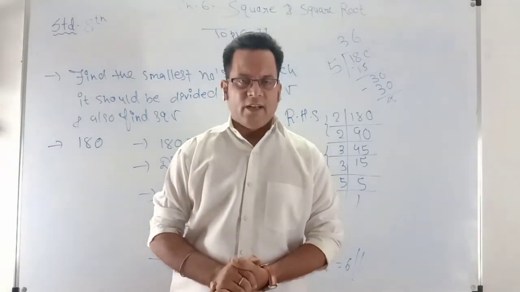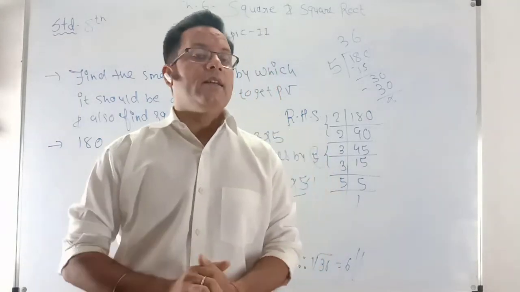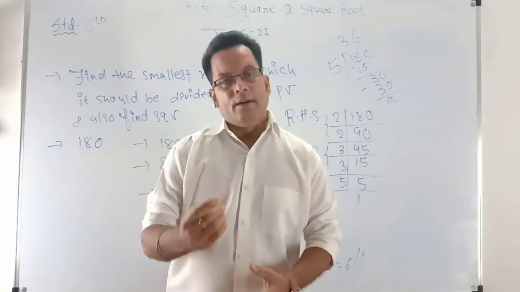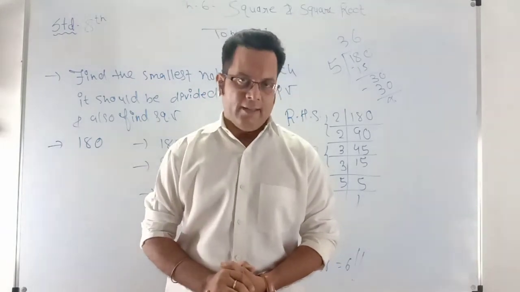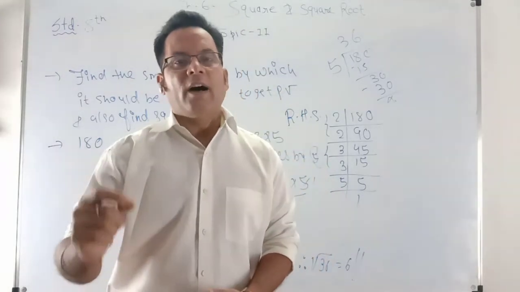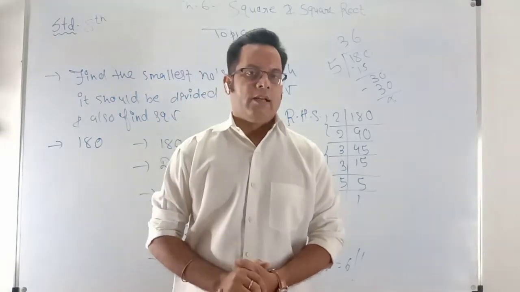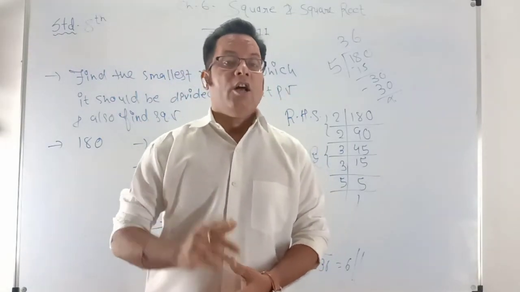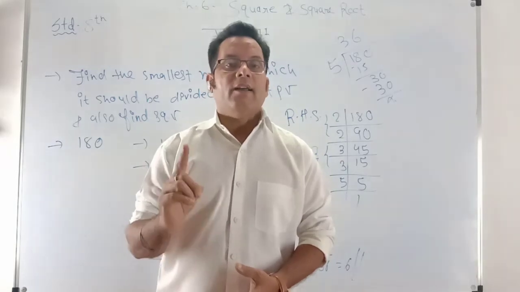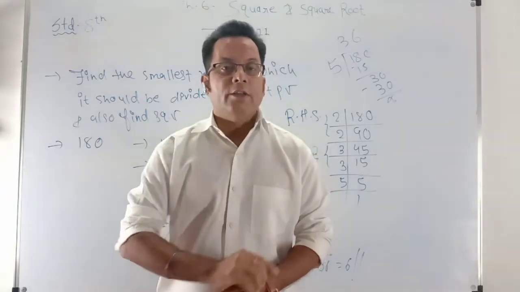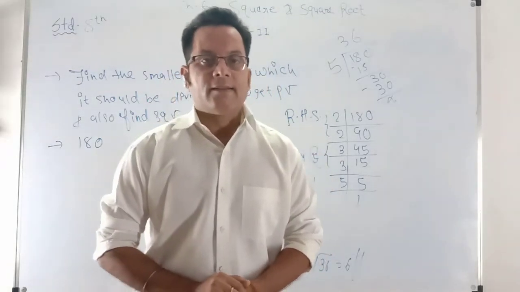What is a perfect square? Perfect square means a number which has 1, 4, 5, 6, 9 or 0 at the unit place.